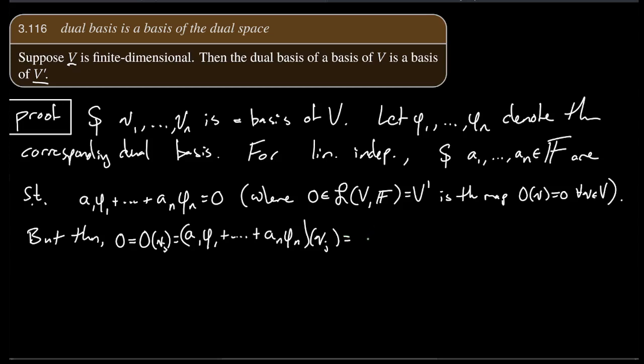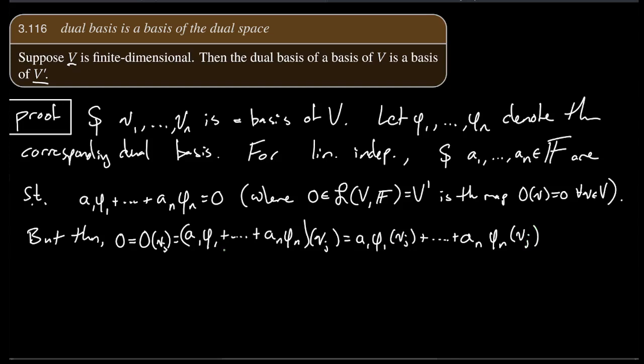This is, well, all we have to do is pull everything together. Okay, so think it through really quick. What's going to happen? Well, I'll get a1 of phi 1 of vj plus dot dot dot, and so on, all the way down to an of phi n of vj.